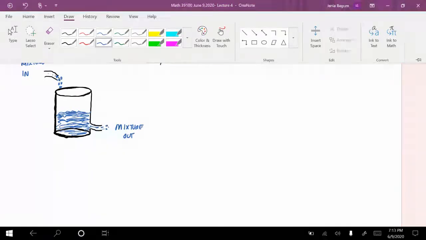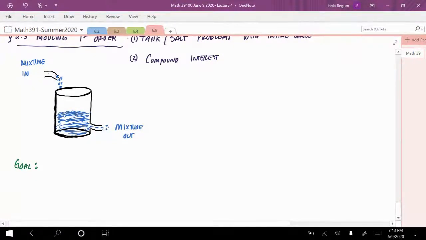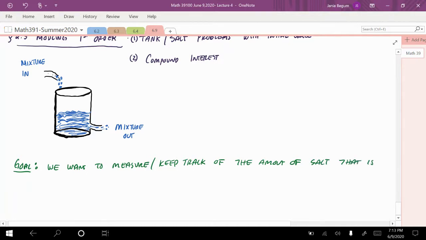So our goal is we want to measure, or you can say keep track of, the amount of salt that is inside the tank. So that's what we want to measure.